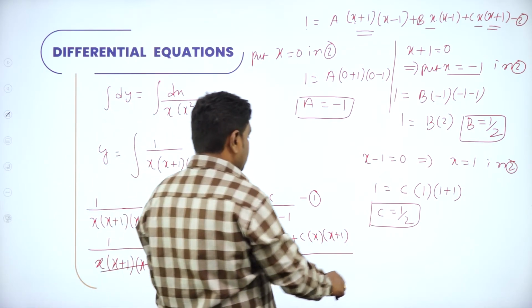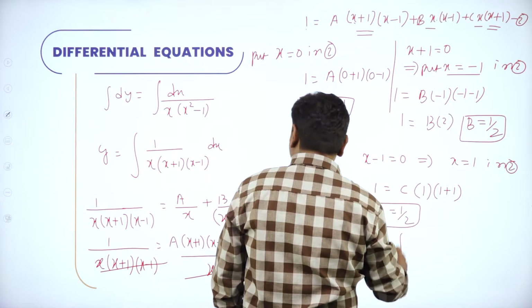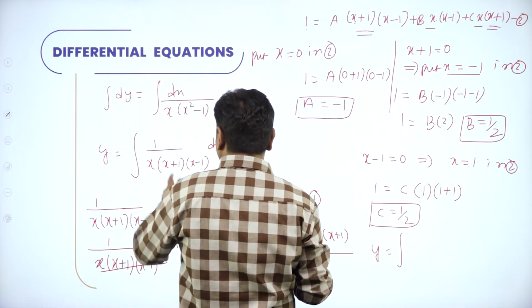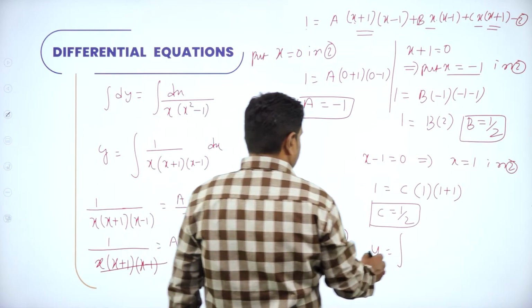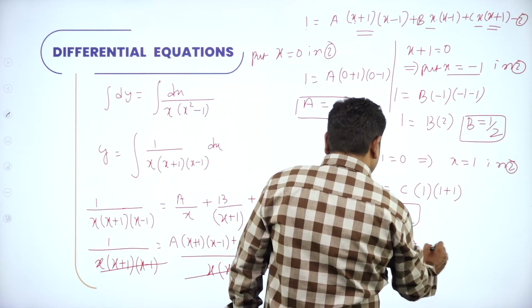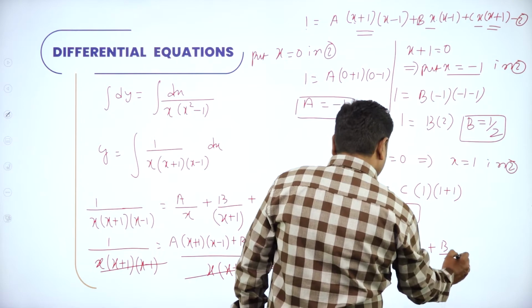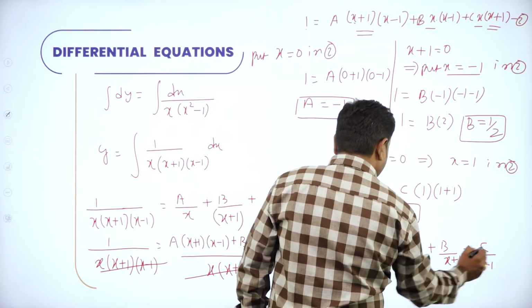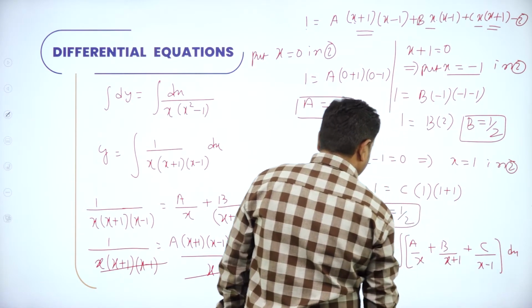So now we need to substitute a, b, c and we need to solve. So the given problem becomes y is equal to integration of a by x plus b by x plus 1 plus c by x minus 1 dx. So integrate both. And further you substitute.